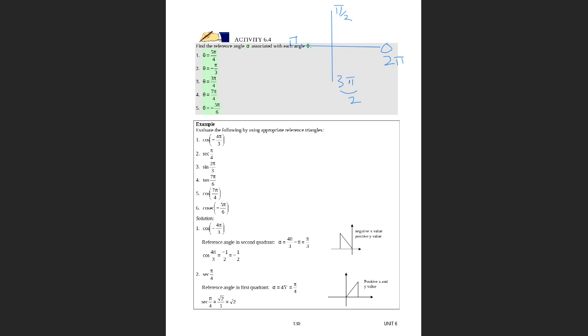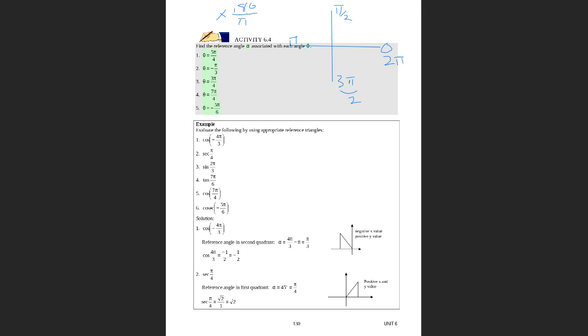If you are not so sure where it is, do a quick conversion. You multiply by 180 over pi. Then you quickly see that five pi over four is the same as 225 degrees.